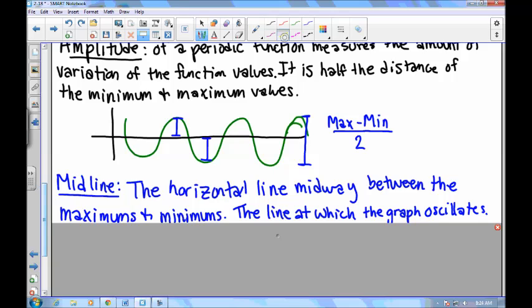Okay, so instead of drawing another graph, I'm just going to do it up above. The midline is where the graph is oscillating around. So it's in the middle, sea level between the mountains and the valleys. So right here, the dotted line is called the midline. Does that make sense where it is? It's right in the middle. But midline is a line. A line is an equation. So look at the horizontal line.